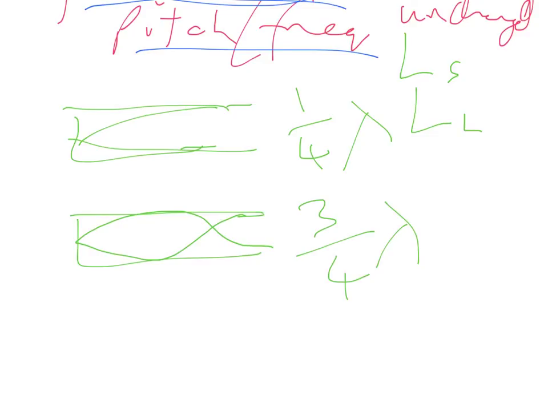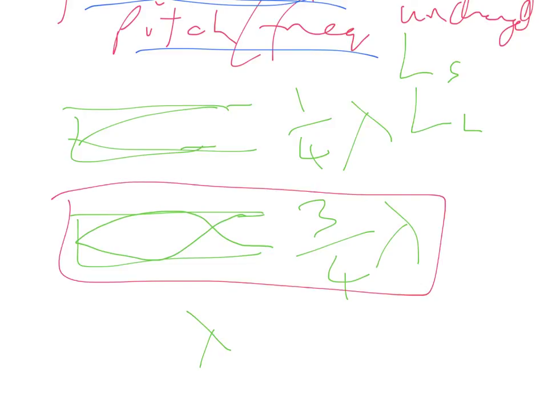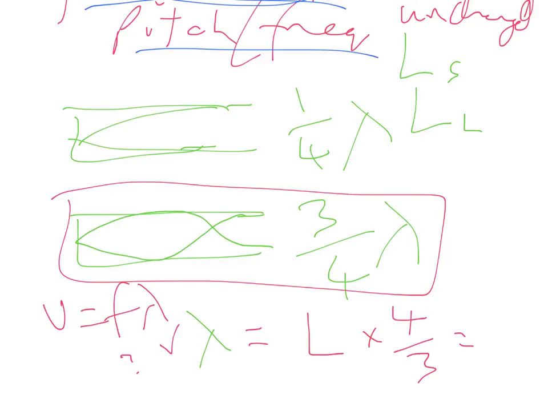To get the full wavelength for this situation, where you've got 3/4 of the wavelength in there, you would take that length and multiply it by 4/3, and that will give you your new wavelength. You can use your wave equation, v equals f lambda, again. Your frequency is the one you're trying to find out. So you've got the wavelength and you've got the velocity, and you do that for both of those lengths. There you go.